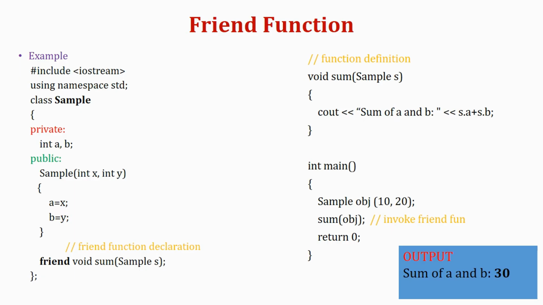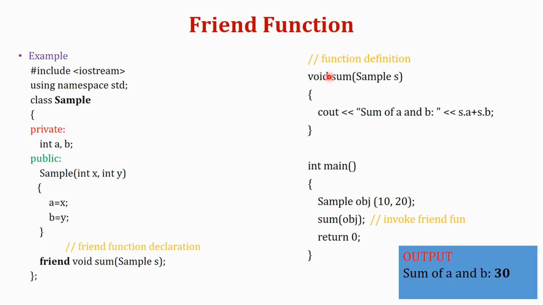For example, x is assigned to A, and y is assigned to B. It means we get the input from the main function and then assign it to the class variables. Next is how to declare the friend function. Friend is a keyword followed by the return type, then the function name, and within the parentheses, an object of the class. Then the class is closed.